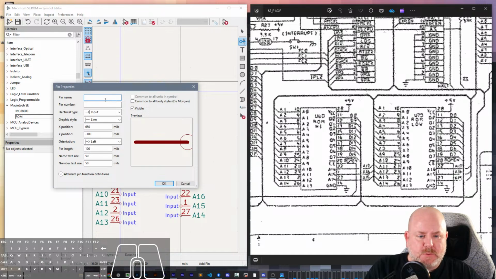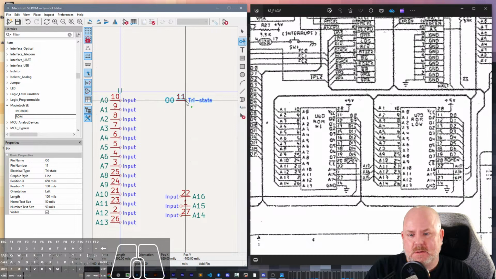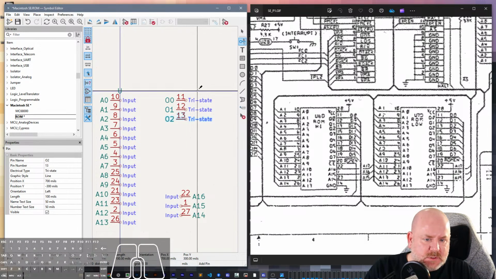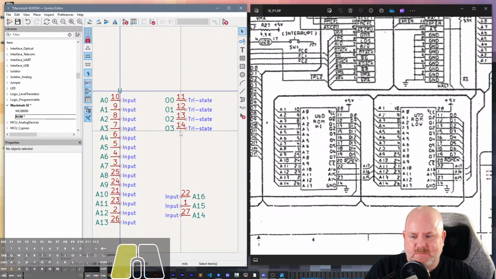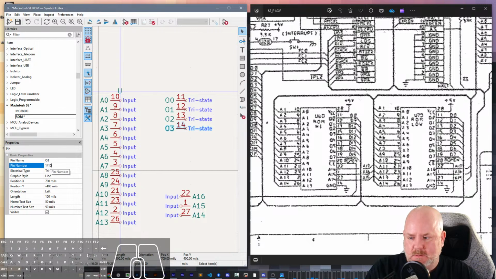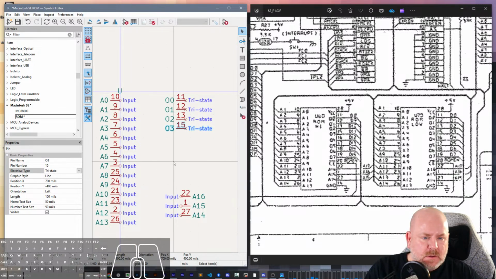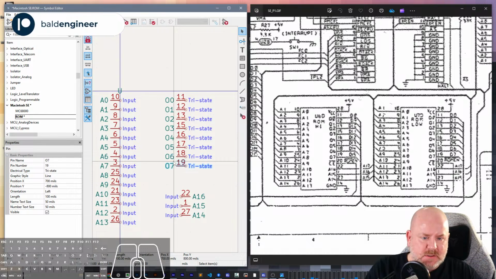And these are going to be probably tri-state. And let's see, do they go in order? They do. So we'll do D0 on 11. All right. And then we get 12, 13. Oh, this is 15. 16, 17, 18, 19.